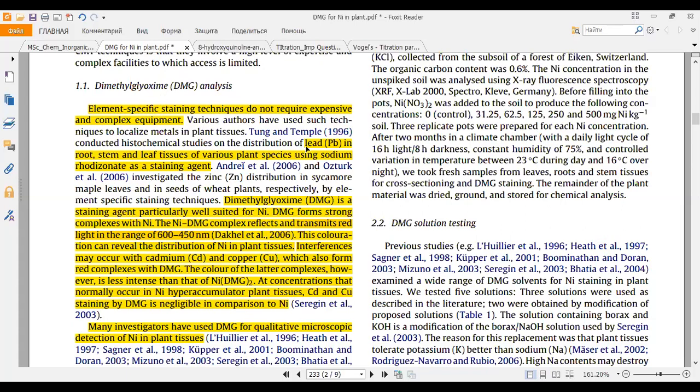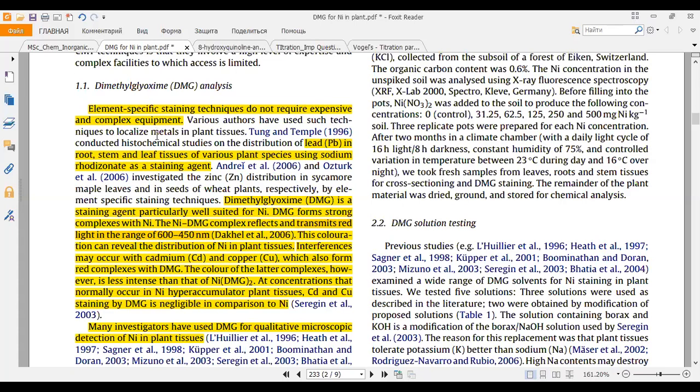Okay. So what are the other elements that are specific to other reagents? Here it's saying lead in root, stem and leaf tissue of various plant species using sodium rhodizonate. So as a staining agent, if you use this staining agent, then you can analyze lead.